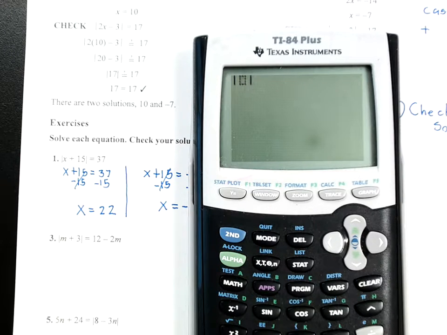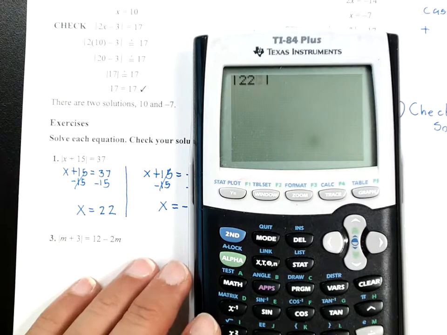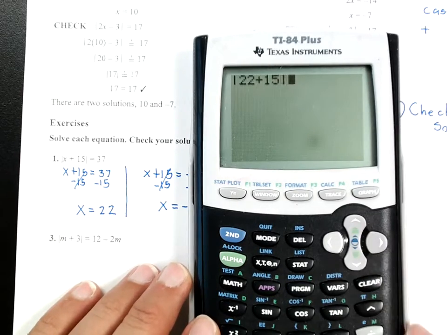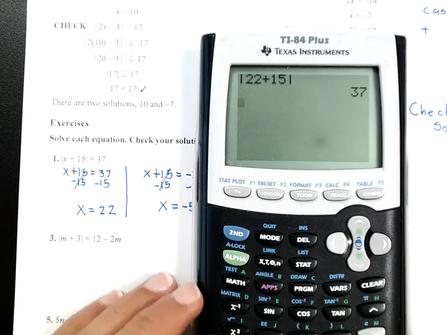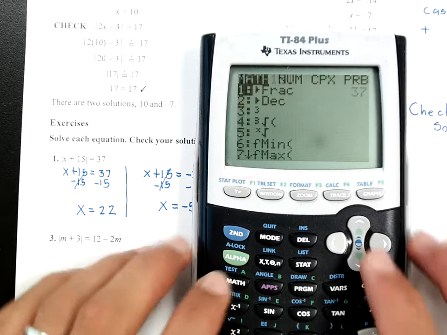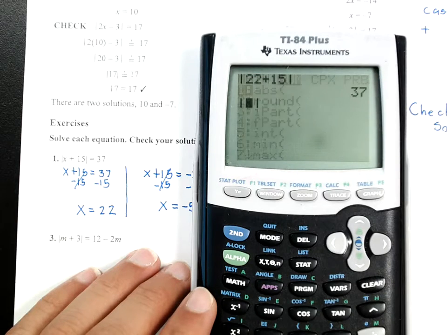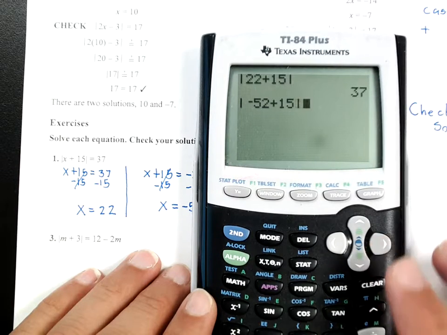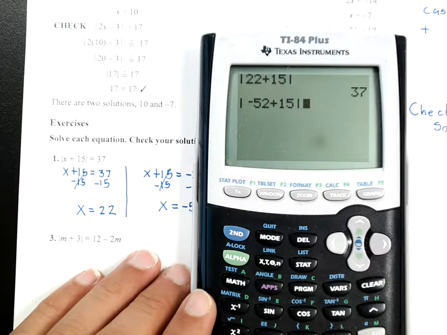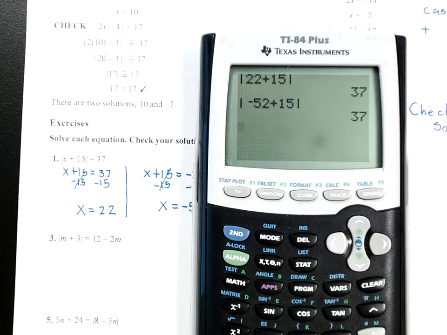All right, so we have, let's see, 22 plus 15. That should be 37, so that checks out. See, that's 37, so we're good. And on the other side, math over, enter. We got negative 52 plus 15, and that should also be 37. And it is. All right, so both of those answers check out. You with me?